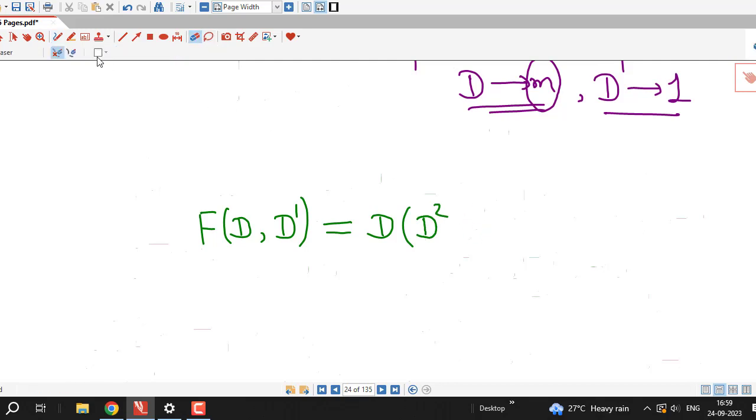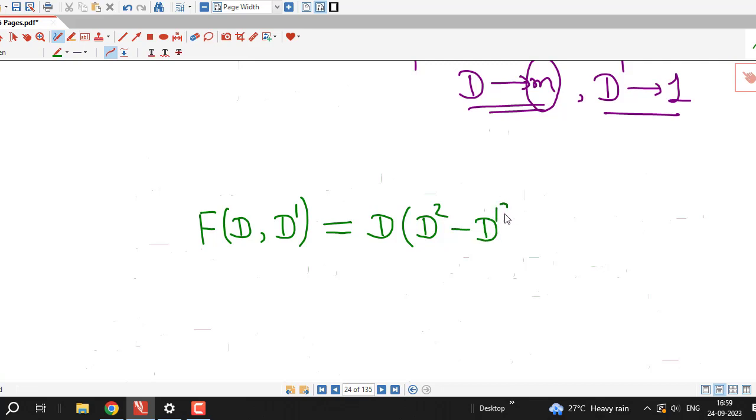Now in this lecture we are going to discuss one special situation in which our function of D and D dash will have some power of D and D dash in the product. For example, I can have D times D square minus D dash square.